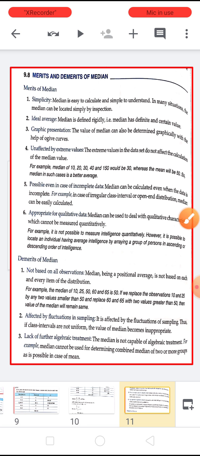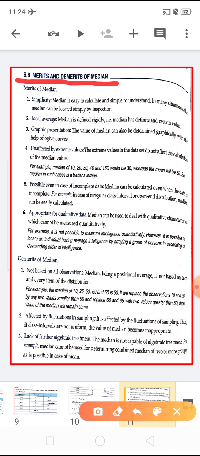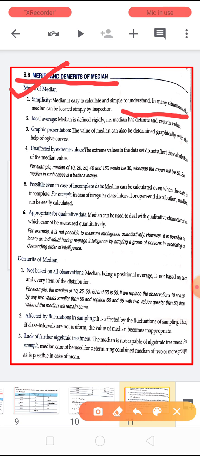So children, calculating the median in special cases is over, and now we are going to learn the merits and the demerits of median. Children, first we are going to learn the merits of median. The first merit is simplicity. Median is easy to calculate and simple to understand. In many situations, the median can be located simply by inspection.